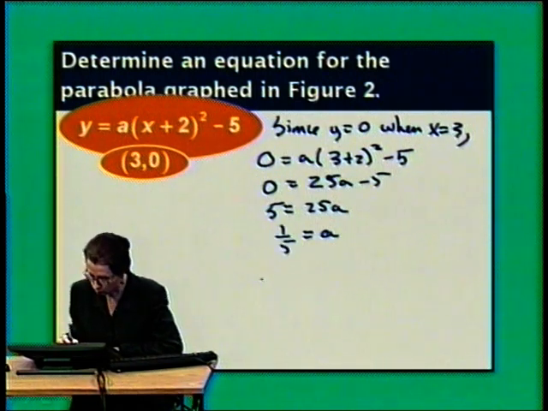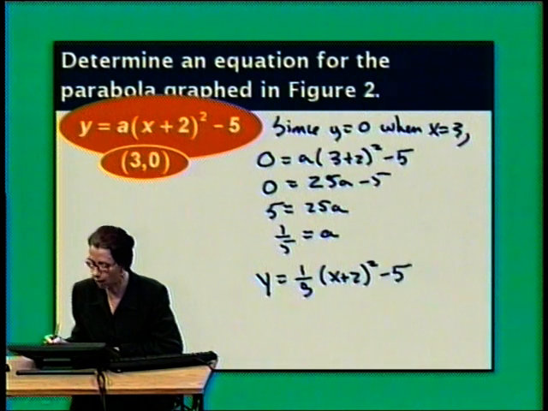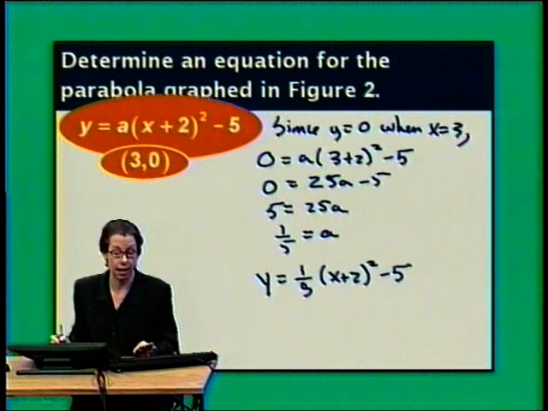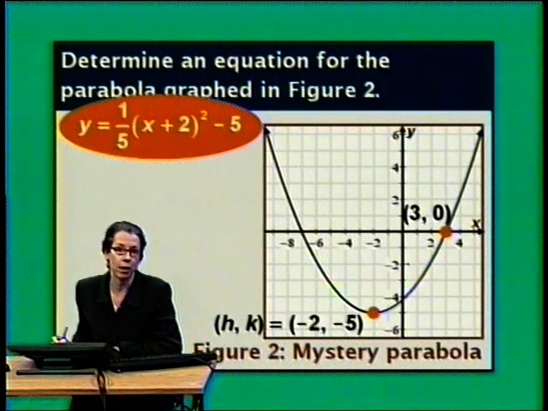So my proposed equation is y equals 1/5 x plus 2 squared minus 5. Remember, I expected a to be positive because my parabola is opening up. Now I want to check.